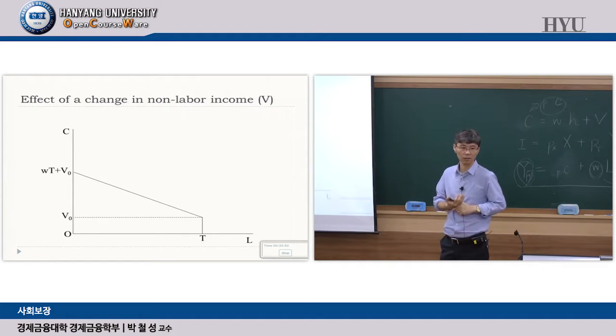How can it increase? In numerous ways. For example, the rate of return for this person's assets will increase. Or this person gets some transfer from a private or public source. Let's say this person may get a transfer from their relatives.